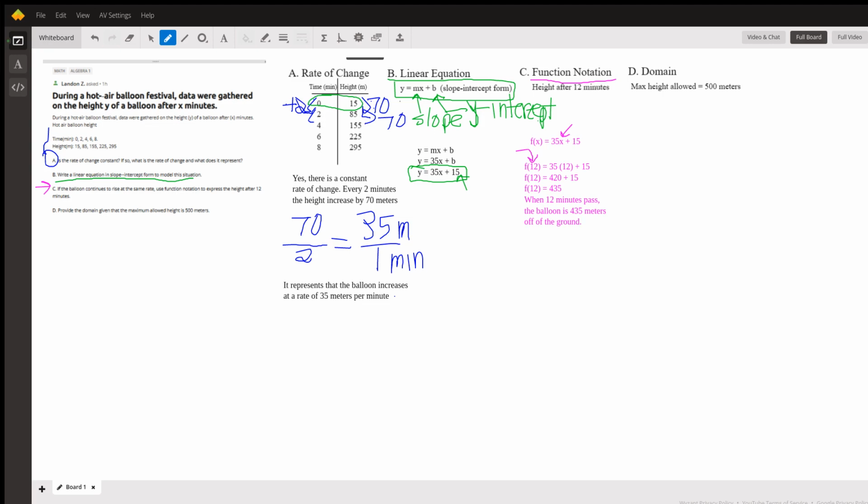Okay. And finally, part D. It says, provide the domain given that the maximum height is 500 meters. Okay, so the maximum height allowed is 500 meters. We're going to go back to our equation, and we can use function notation or the y and x's.